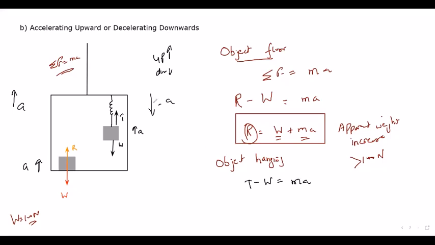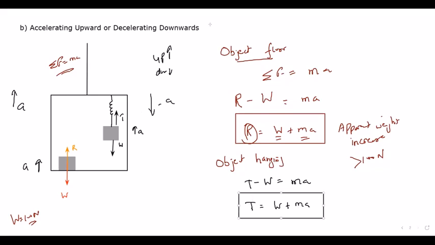Why T minus W? Because it is accelerating upward, so the upward force should be higher, or we can say T is equal to W plus ma. So the tension in the spring will increase. If the tension in the spring increases, it appears that the object is heavier.